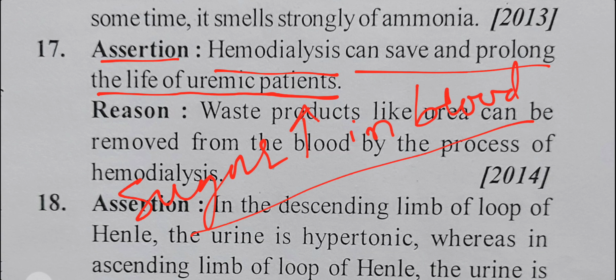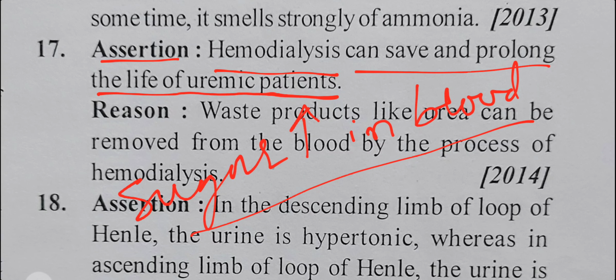Hemodialysis is an artificial way of purifying the blood. When the patient is unable to produce the necessary hormones like insulin, which are necessary for the breakdown of glucose, sugar will be stored in the blood, so that has to be treated.